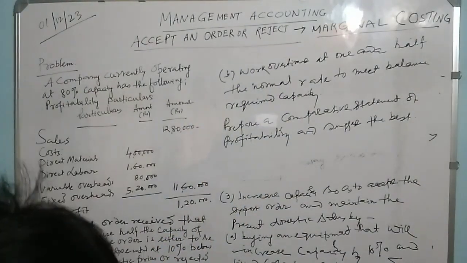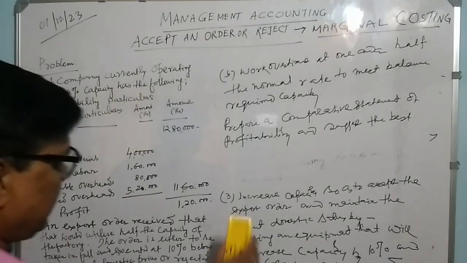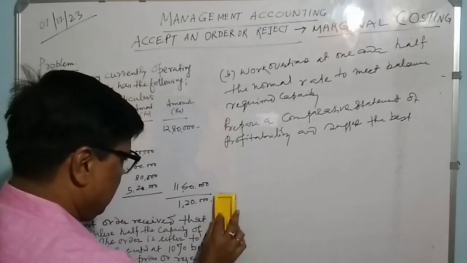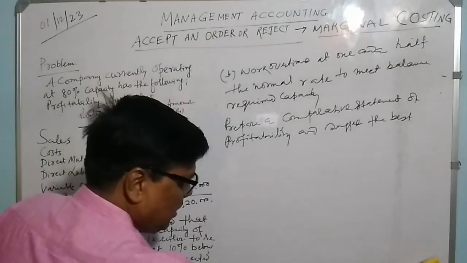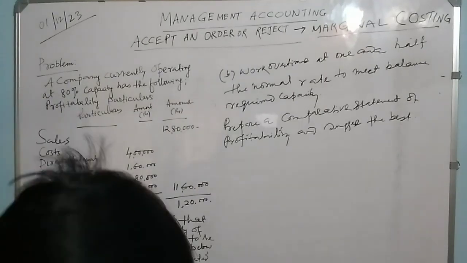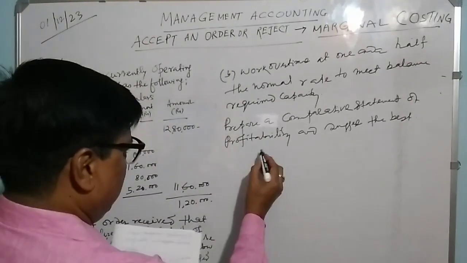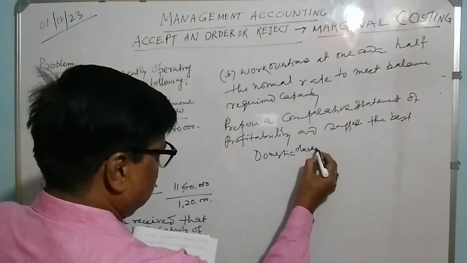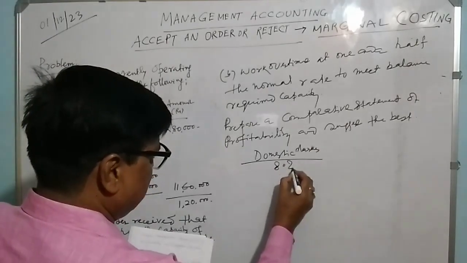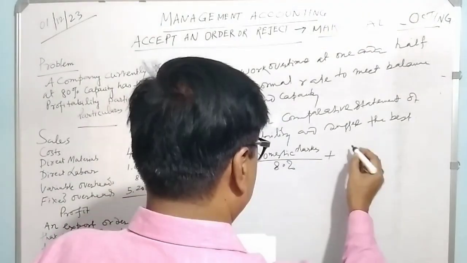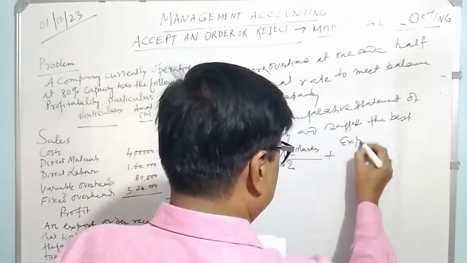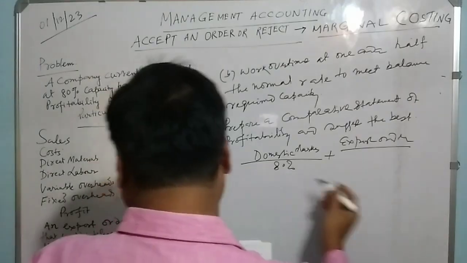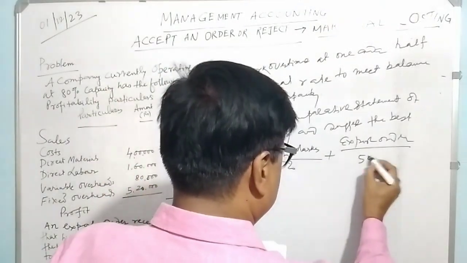Now, in order to take the export order as well as your domestic order: in your domestic market you have been utilizing 80% capacity, plus for your export order you are to take 50% of the existing capacity.